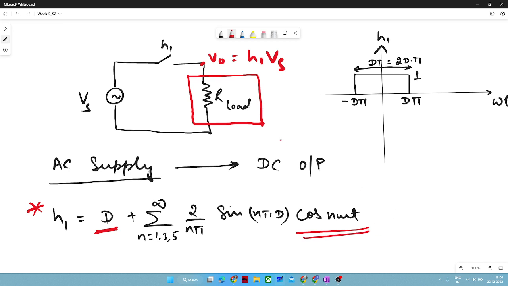So again, at the output side, you will definitely get a DC component, but you will have to manage some AC components, which is known as ripple. Okay, how much ripple will be there, that you can easily calculate with this formula, right? You put in different values of n, and then you can easily compute that. So this is the problem with rectifiers.